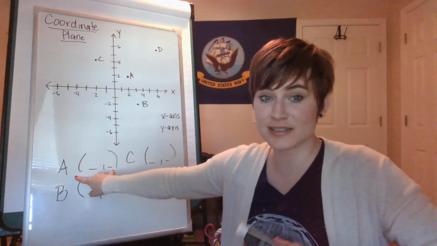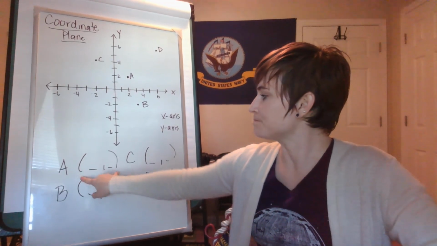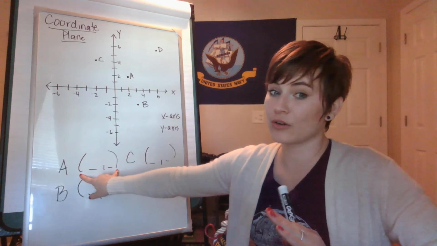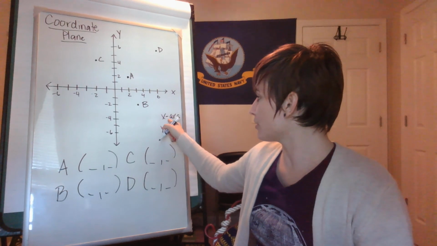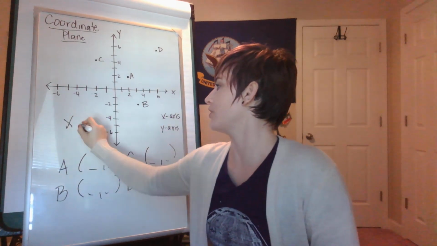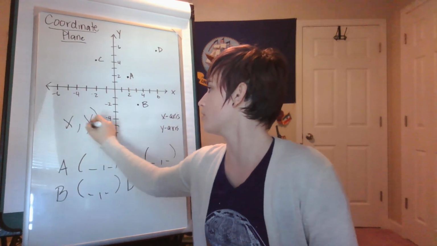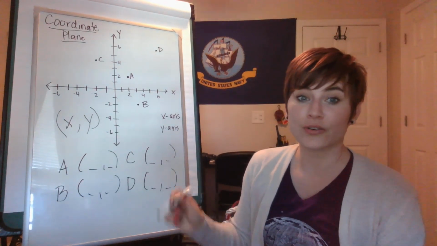Here is your introduction to parentheses. This is where parentheses come in the earliest for you. You're going to have your coordinates in parentheses. Your x coordinate will always come first, and your y coordinate will always go second.